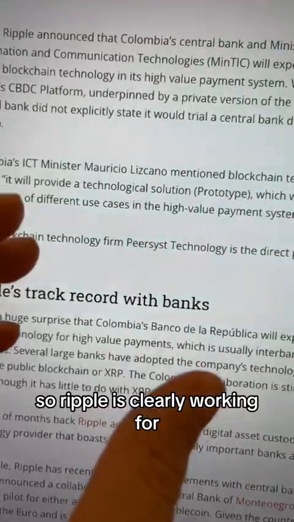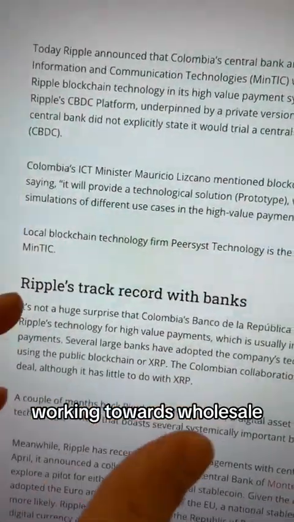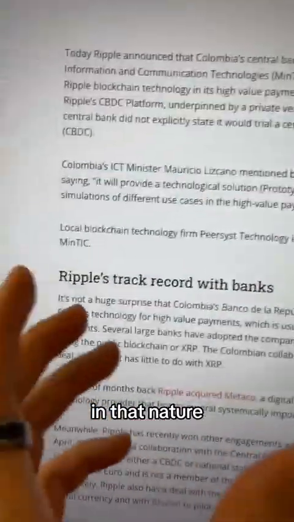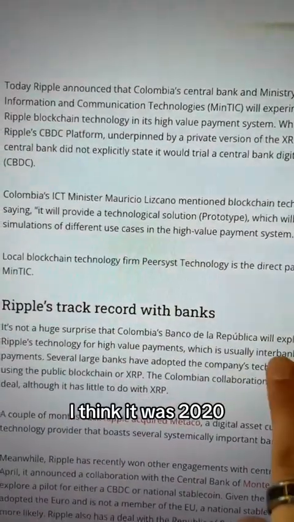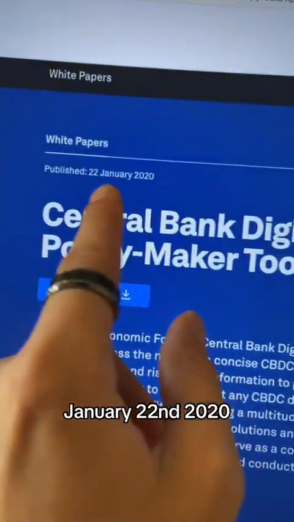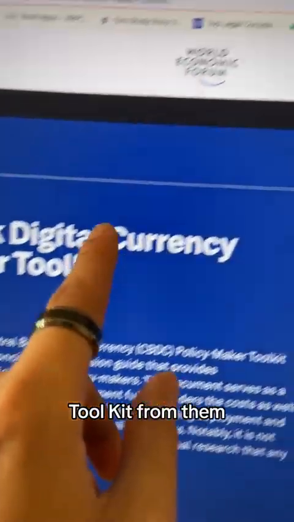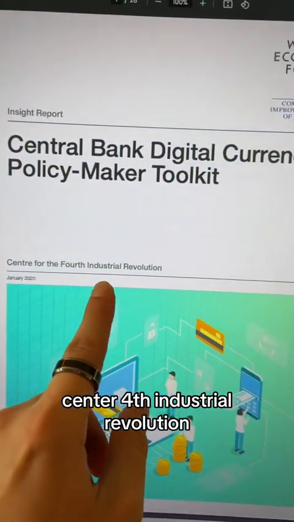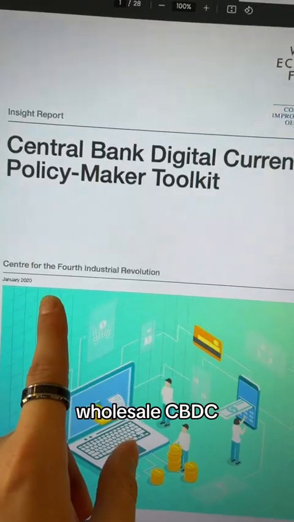So Ripple is clearly working towards wholesale token arrangements, wholesale CBDCs in that nature. And I can prove that from a document that stretches back, I think it was 2020, I'll show you. Yeah, so this was January 22nd, 2020, the Central Bank Digital Currency Policymaker Toolkit from them, and let's open it up. So here it is, Center for the Fourth Industrial Revolution, and now let me go to the part about wholesale CBDC.